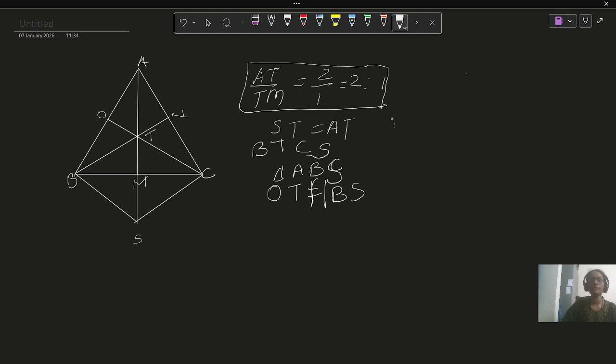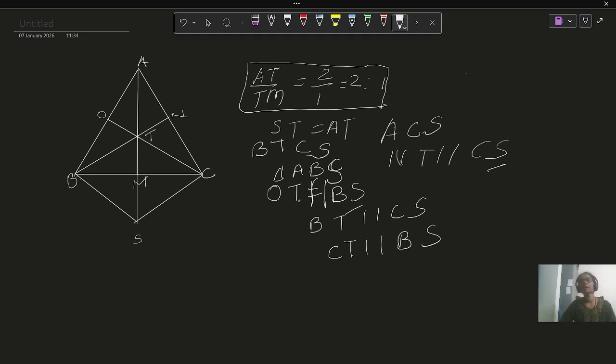Similarly, in triangle ACS, NT will be parallel to CS. Now, by these two, we can also say that BT will be parallel to CS, because BT is a part of BN only, and also CT will be parallel to BS.